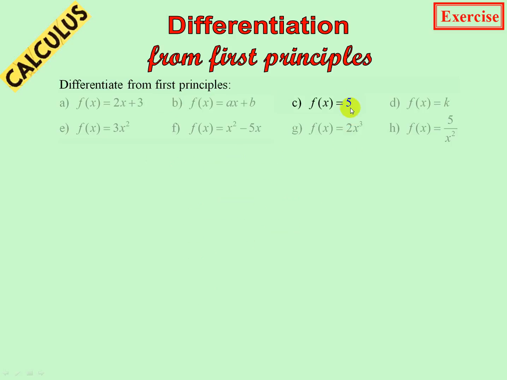F of x plus h will be 5. F of anything is 5. Here as well, x is the variable, so if we have k, we see k as a constant, so therefore f of x plus h is also k.